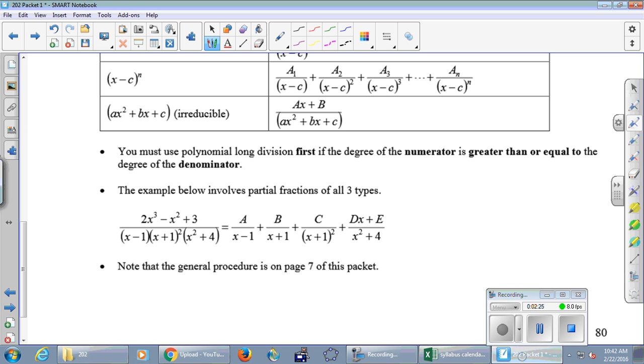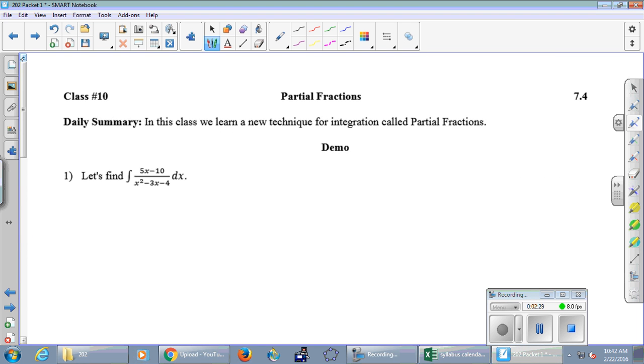Okay, so let's jump in on the top of page 80. Oh, wait, actually, I have one more question. Yanni: can we bring a scientific calculator? Yes, scientific calculator, no to a graphing calculator, no to a cell phone. I will have calculators to loan if you don't have a scientific calculator.